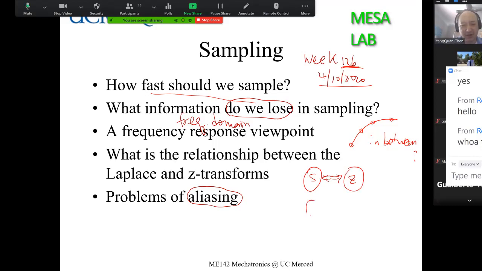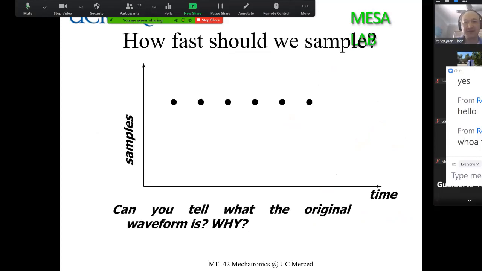Say for example, you have G of S with a TS, the sampling period, then you should have a Z. How can you get that? And the bad side, something called aliasing. What's that? How bad is it? And how to avoid it? All these questions we must answer in the next 25 minutes.